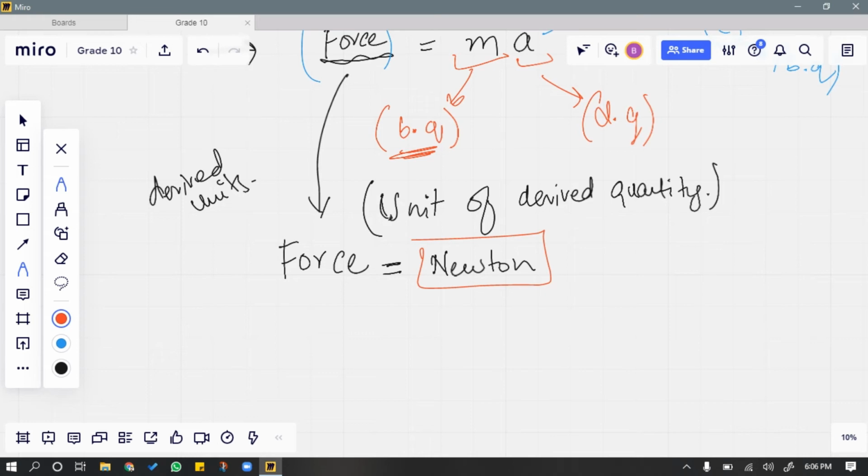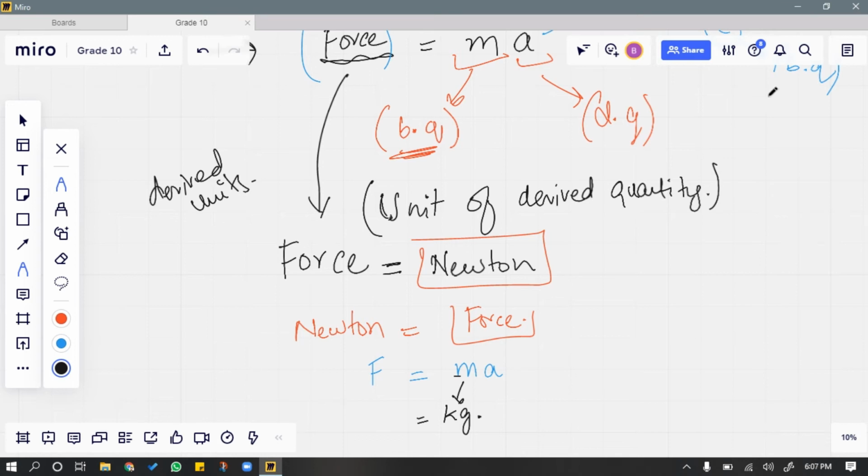You have to mention Newton is equal to force. Here, force is equal to ma. Now write down the units for m. Mass is mentioned in terms of kilograms.